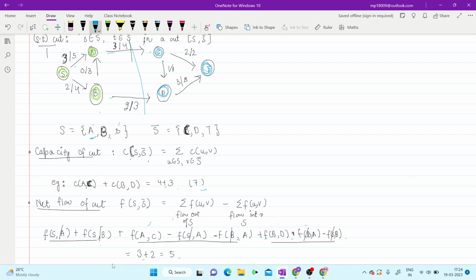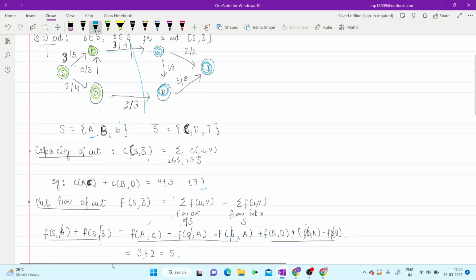So basically, when we are computing the net flow of a cut, first we add the flow out of S, adding all the flow values from the edges going out of S, and we subtract the flow values of edges coming into S. But many cancellations happen, and after cancellation only the edges of the cut remain, that is, those whose one vertex is in S and the other vertex is in S bar. And so this is the net flow of the cut.